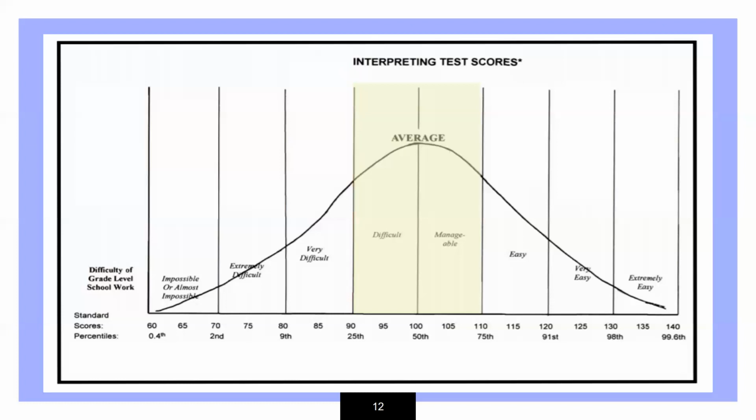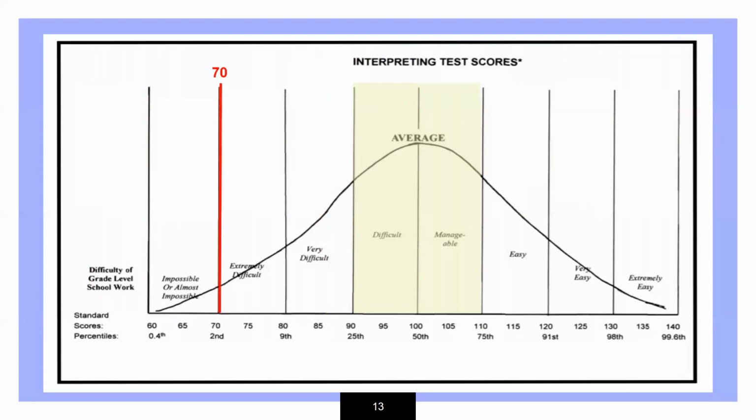So let's say I got a standard score of 85. Remember, our standard scores are always going to be in comparison to that mean. So my mean of 100, you can see that I'm starting to go further away from that to the left. So school is becoming very difficult for me. With my standard score of 85, that would probably put me in, let's say, the 16th, 17th percentile. So that means I'm only performing better than or as good as 16 to 17% of my peers.